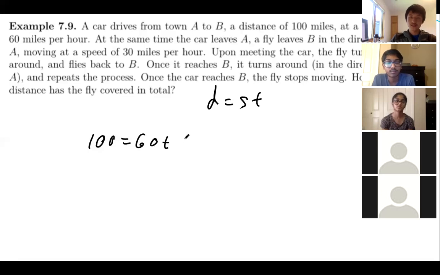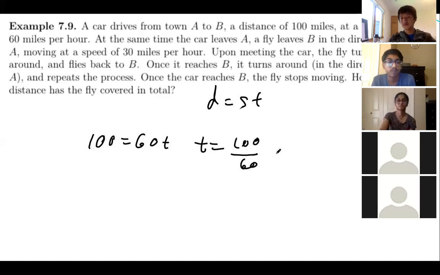That means the car takes 100 over 60 hours to get to B, and it also means the fly is flying for 100 over 60 hours.